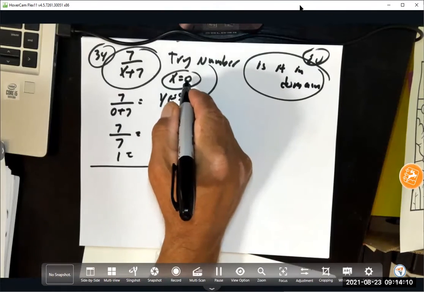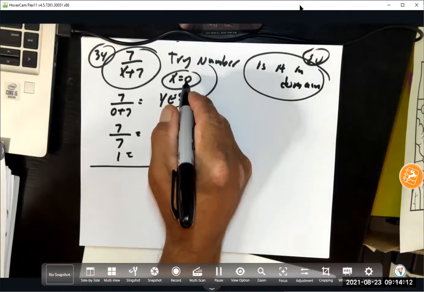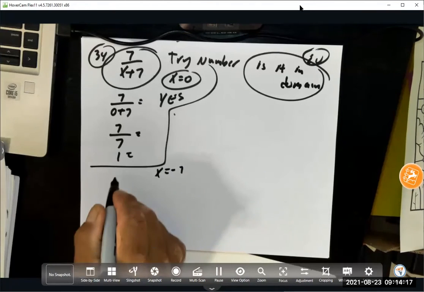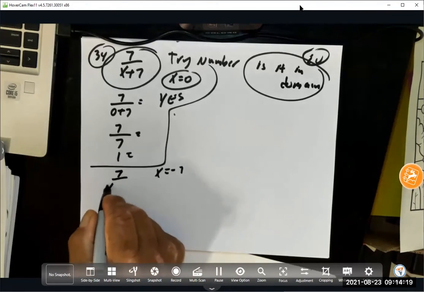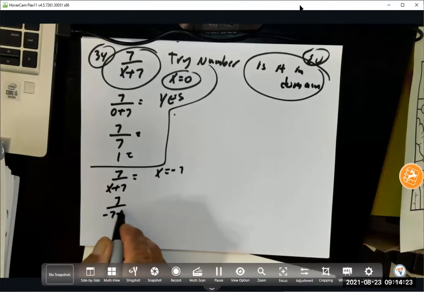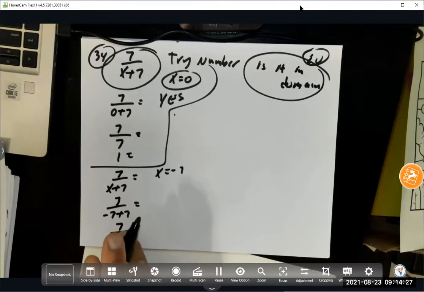Now try the other number. Try x equals minus 7. Put a minus 7 in there. So you have 7 over x plus 7, and now I'm going to have 7 over minus 7 plus 7. What's minus 7 plus 7? 0.